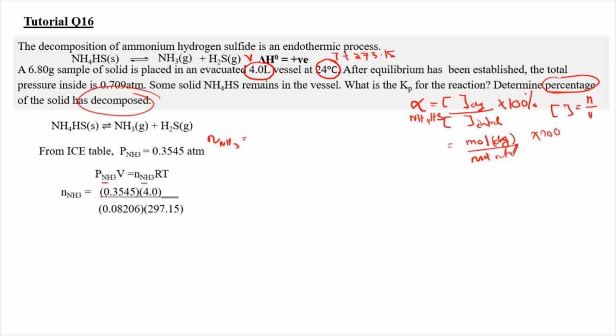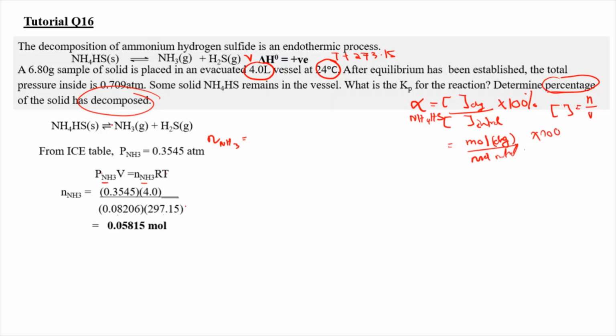So our P here is 0.3545, our volume is 4 liter, our R here is the gas constant, and T here is the temperature in Kelvin. Alright, so at last, once we do the math, we're going to get the mole to be 0.05815 mole.